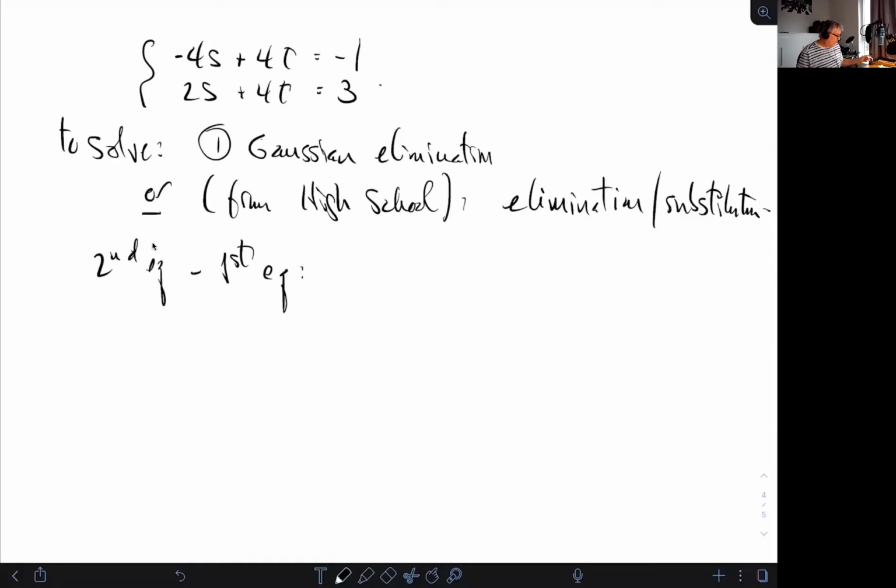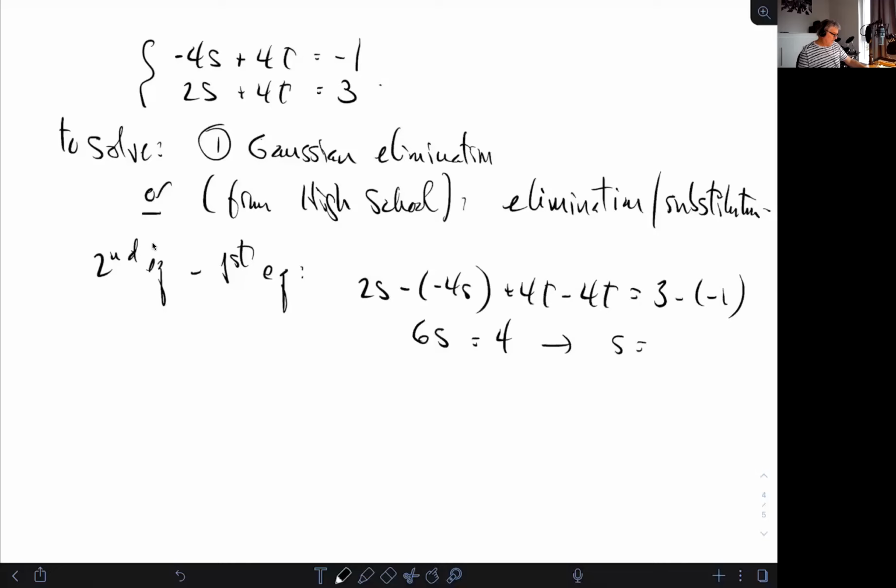If I do the left-hand side, I'm going to get 2s minus 4s plus 4t minus 4t equals 3 minus 1. So this will give me 6s equals 4, and so s equals 2/3.